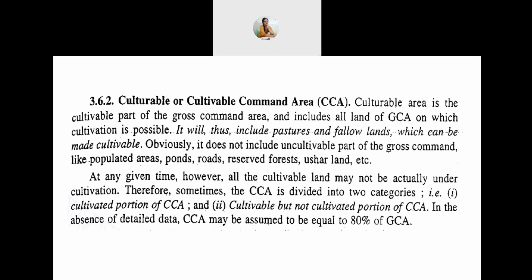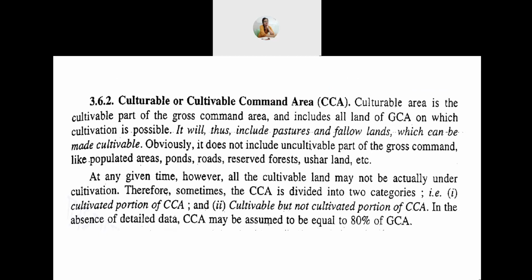Next, culturable or cultivable common area, which is CCA. Cultivable area is the cultivable part of the gross common area and includes all land of GCA on which cultivation is possible. It will thus include pastures and fallow lands which can be made cultivable.